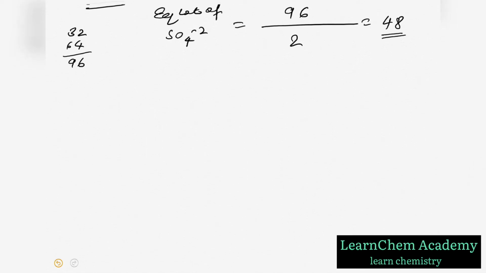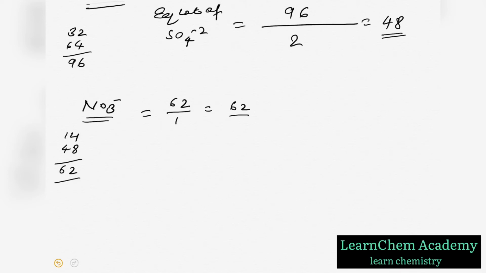If we take NO3- nitrate ion, their formula weight will be 14 plus 48, so this is 62, and charge is 1, so their equivalent weight will be 62.